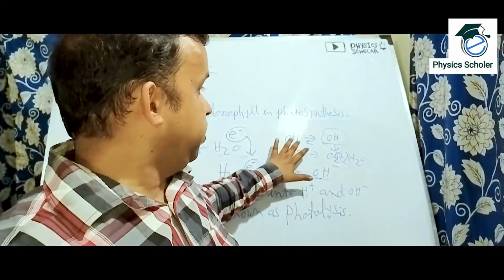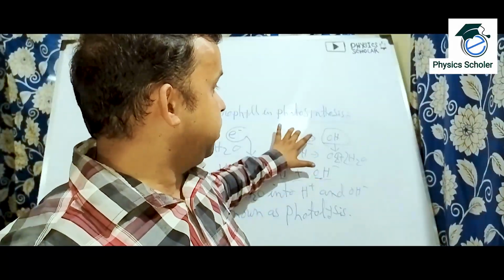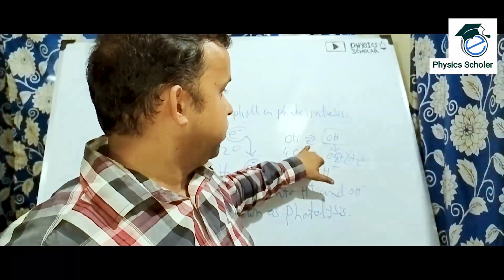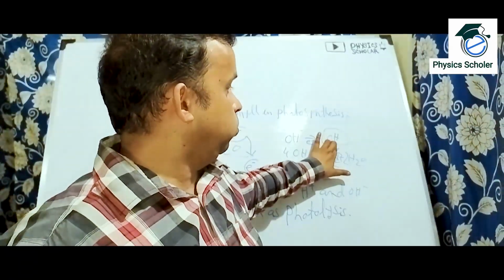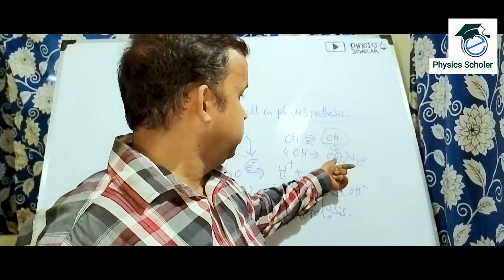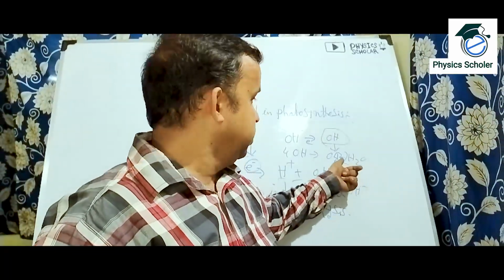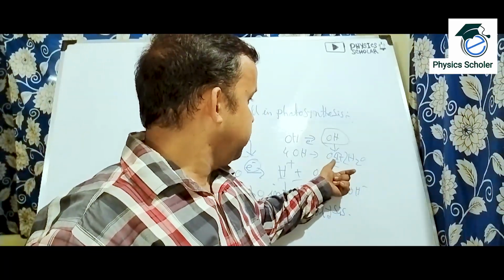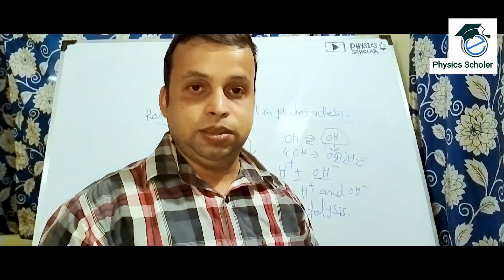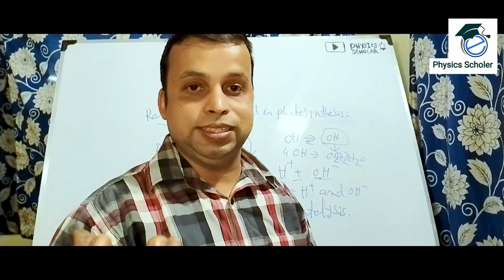So the OH minus ion will what? Minus ion means an electron is there, so that will emit the electrons. And it will now be an OH radical. Now OH radicals will combine to produce O2 and H2O. That O2 will be the byproduct of photosynthesis.